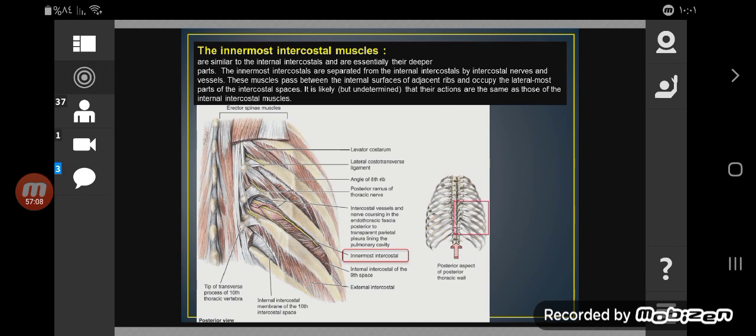But the intercostal muscles, transversus thoracis, subcostal muscle, serratus anterior, serratus posterior superior, serratus posterior inferior are all together innervated by intercostal nerves.